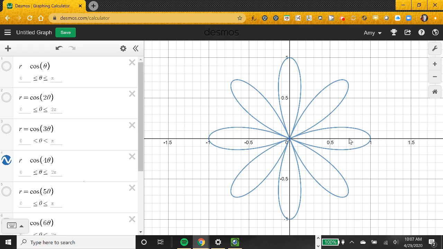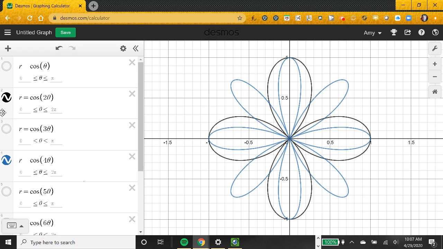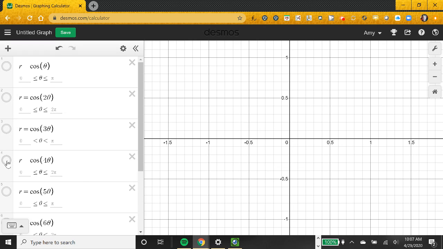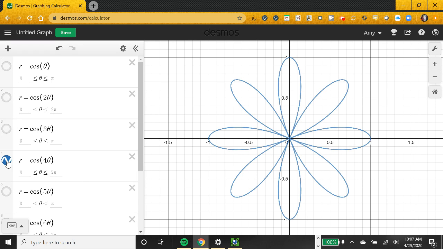Well, let's count them. 1, 2, 3, 4, 5, 6, 7, 8 petals, with a period factor b equaling 4. So when I had a period factor of 2, I had 4 petals. When I had a period factor of 4, we had 8 petals.